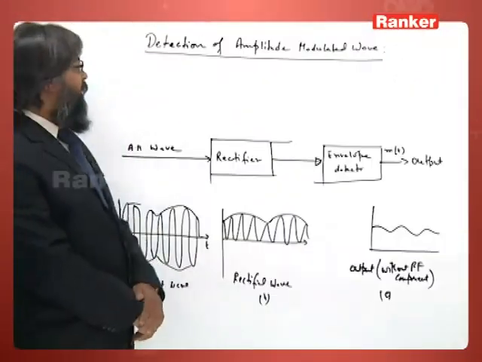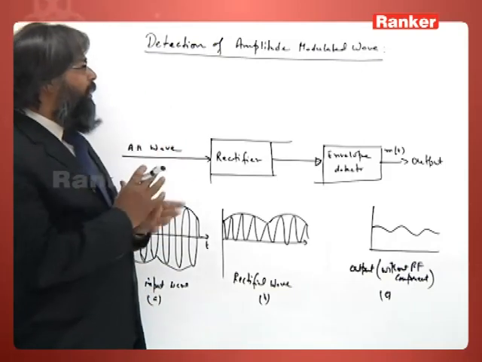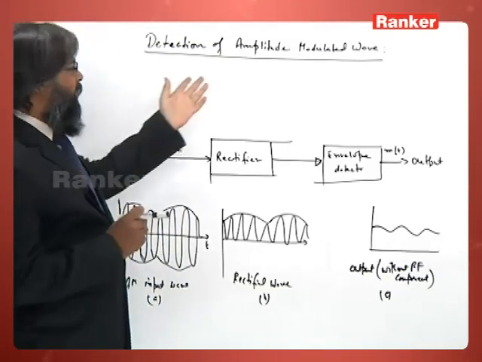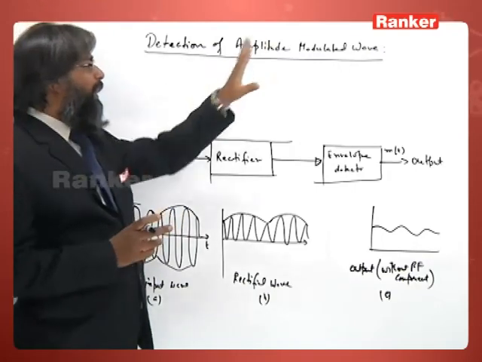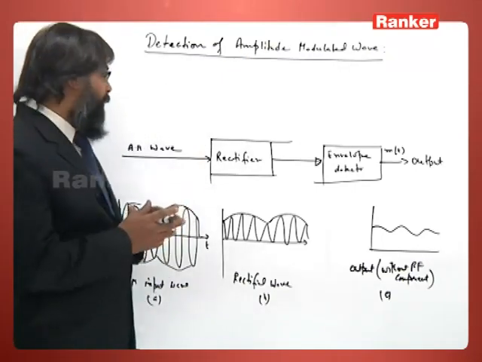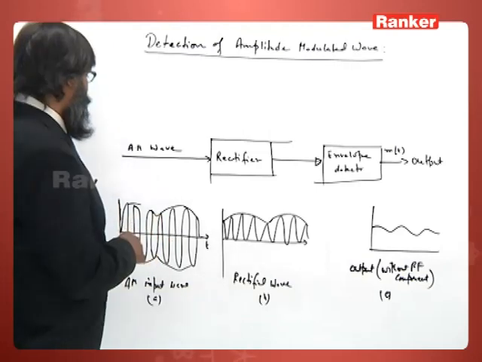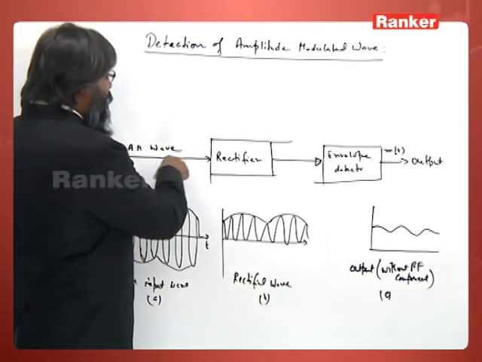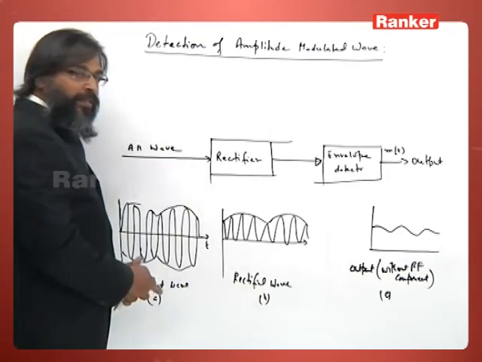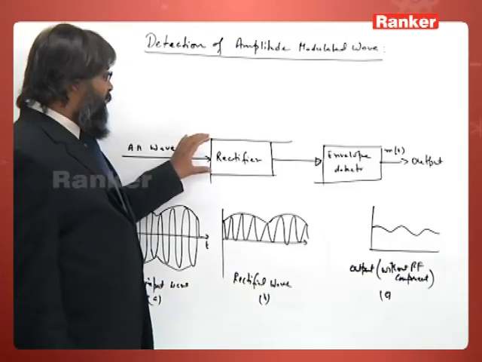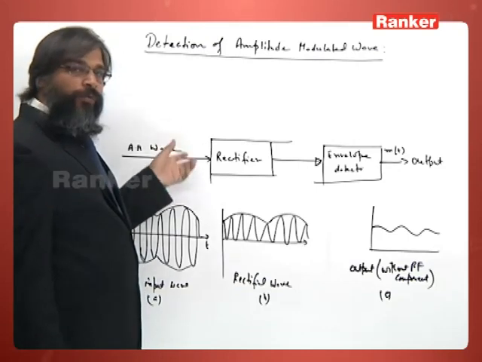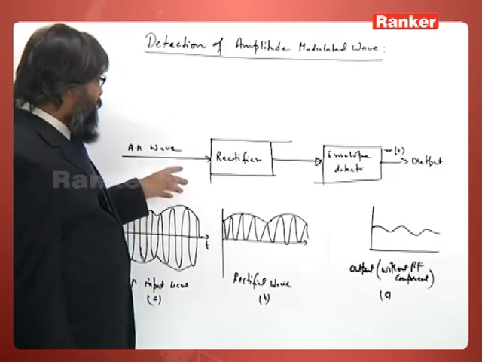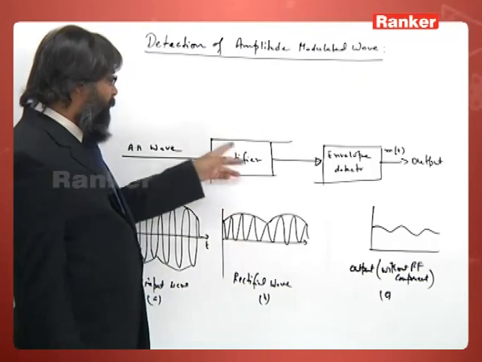Now let us see how to do detection of amplitude modulated wave. Actually it is demodulation of the amplitude modulated wave. So what we do, the modulated carrier wave, when we are at the receiver end, is passed through a rectifier.